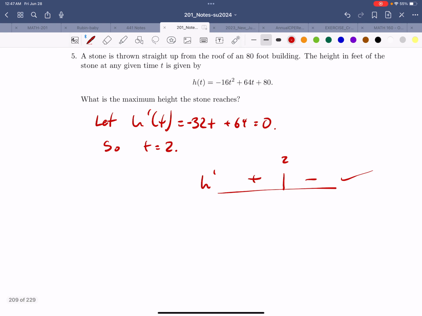What's the maximum height? So the stone's max height is, now be a little careful here, what's it going to be? H of 2.